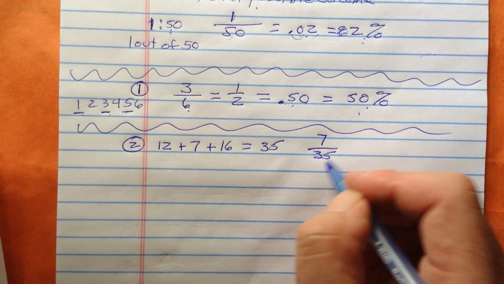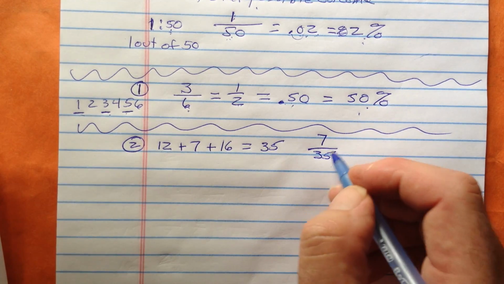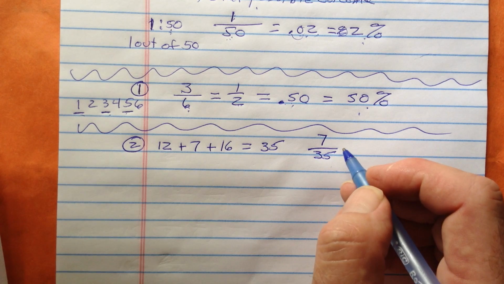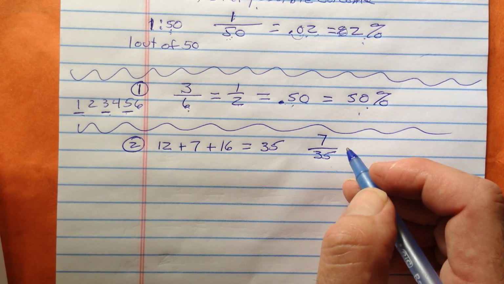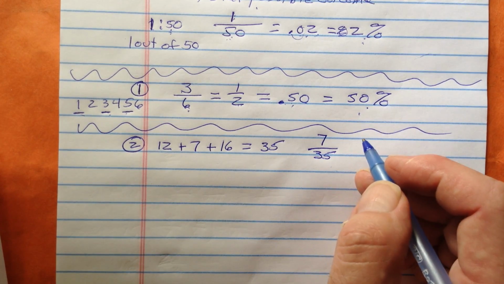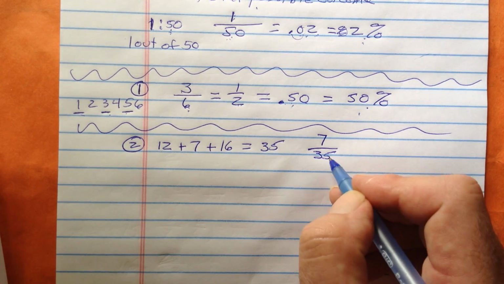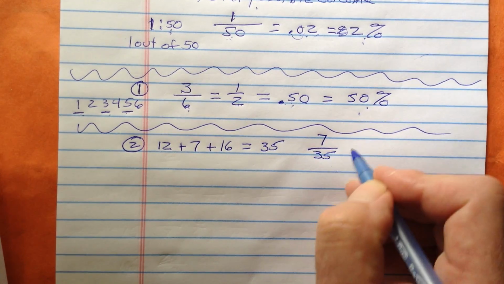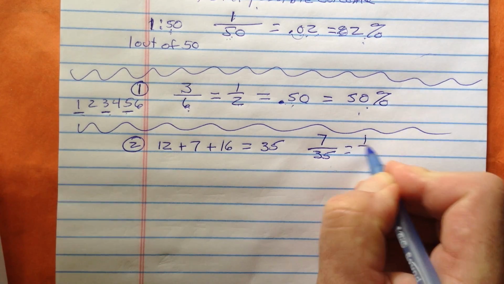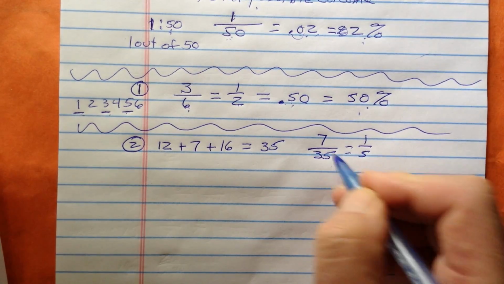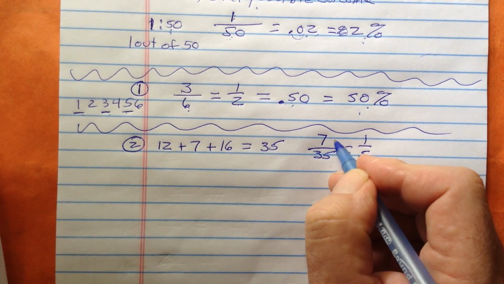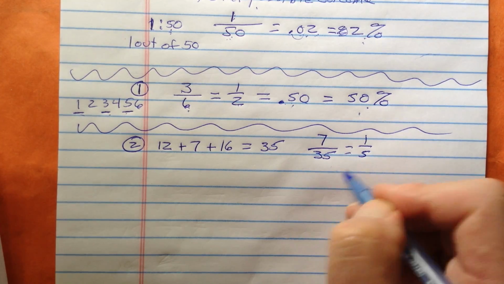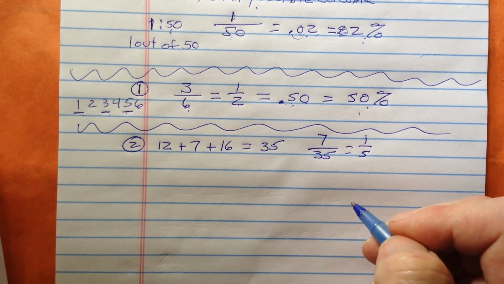So this would be the answer to that one, 7 over 35. I don't think that can be reduced at all. Let me see here. Oh yeah, it can. 7 goes into 35, so divide by 7, divide by 7. So it'll be a 1 in 5 chance.